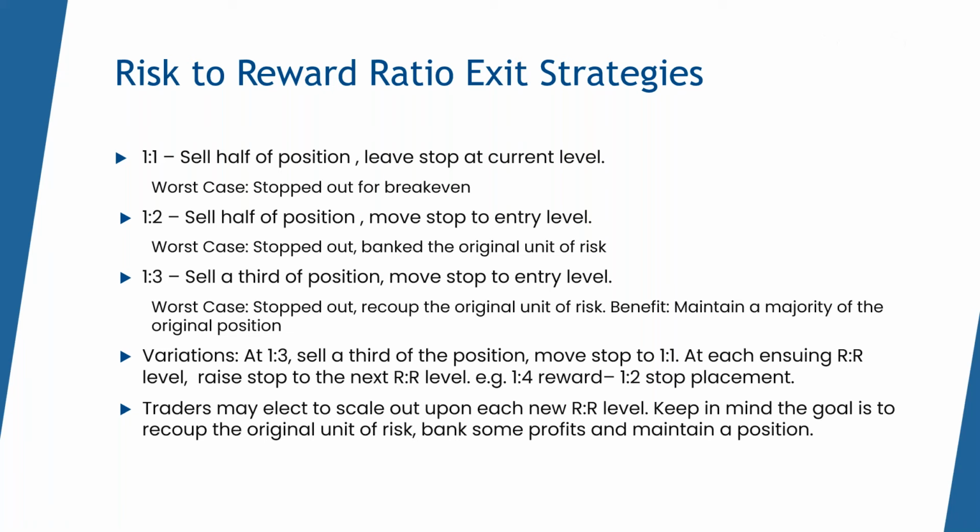The next one is where we're going to look at the 2-to-1 risk reward ratio. Now, 2-to-1 risk reward ratio is a little bit better. And again, if price gets to 2-to-1 risk reward, then I'm going to sell half my position, and I'm going to move my stop to my entry level. Now, what does this do?